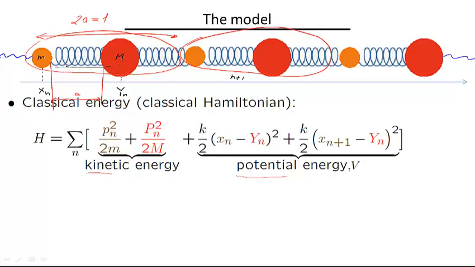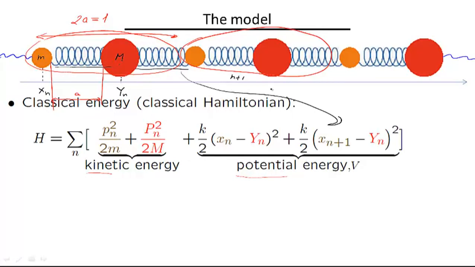But there will also be an interaction of this heavier atom with the lighter atom from the next elementary cell, the (n+1)th elementary cell. So there is also a term in this classical Hamiltonian associated with this nearest neighbor interaction. And of course I have to sum over all these n's, and this will give me the total energy of my classical crystal.